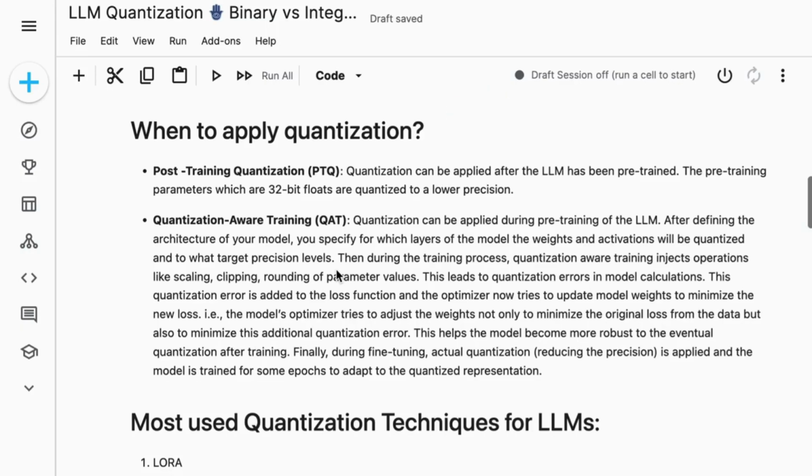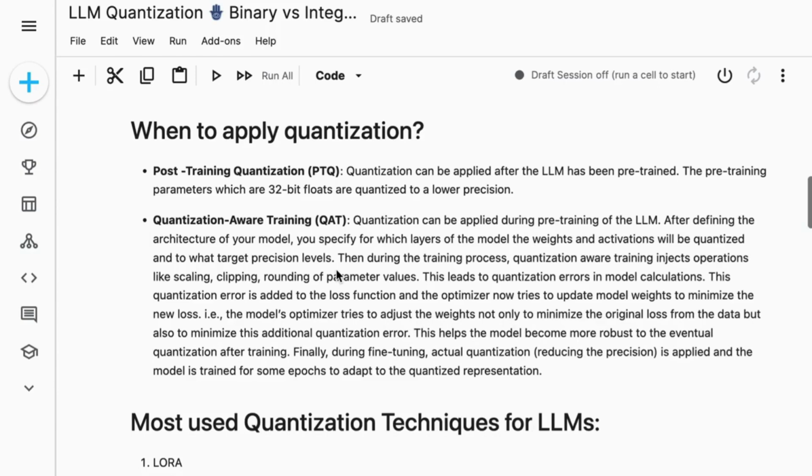In this quantization, you add a new kind of layer of weights and activation function to the model, so that when we are fine tuning or training the model, quantization aware training injects operations like scaling, clipping, and rounding of parameters. All of this leads to quantization error in model calculations.